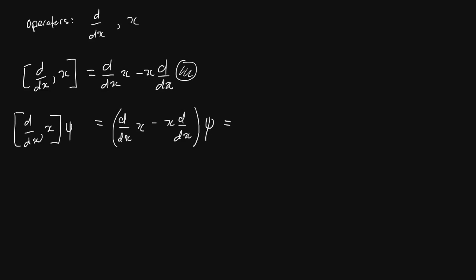And this is going to give us d over dx of x psi. Here you have to be careful. The operator on the left is going to operate on everything to the right, not just x, right? And then we have our second term, x d over dx of psi.